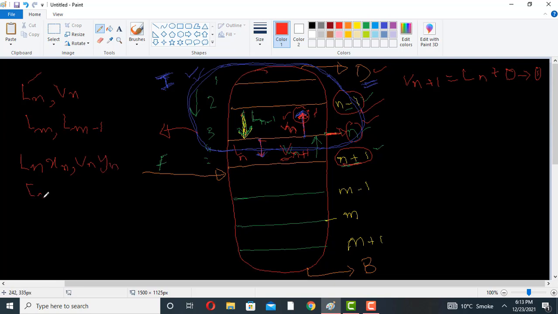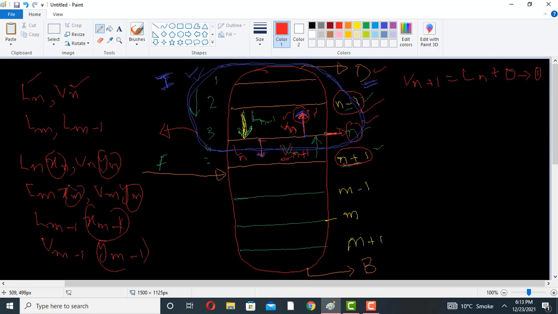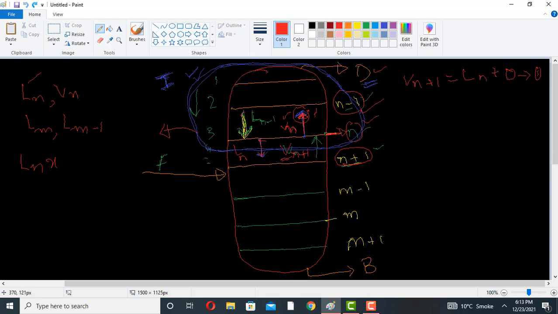The mole fraction of the Ln minus 1 stream is Xn minus 1, and the mole fraction of the Vn minus 1 stream is Yn minus 1. Don't confuse these; they are the mole fractions of these streams.